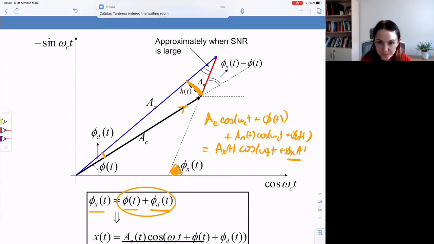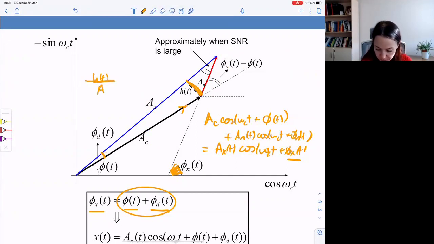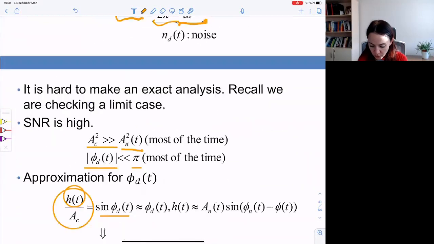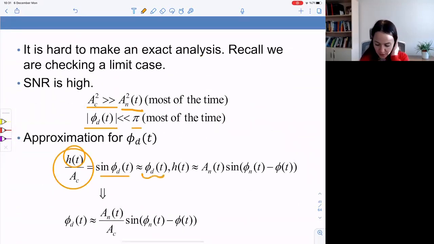So h of t over AC is equal to sine phi d. And now we're going to assume phi d is small. So sine phi d is approximately equal to phi d itself.